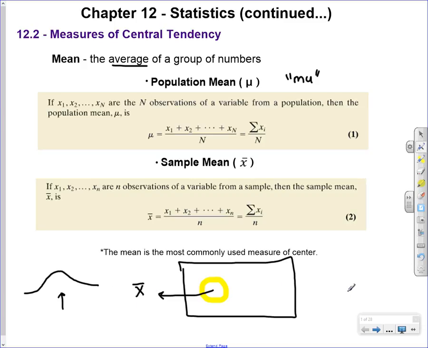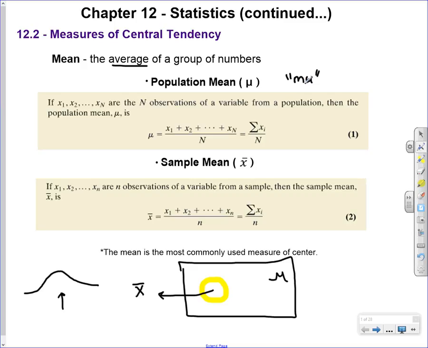But if I was able to collect data from the entire population, for example if I was taking a census, or if I wanted to collect data from all students at my college and it was possible to collect all of that data, then the mean that I create is called mu. It's the Greek letter M, which we call mu.